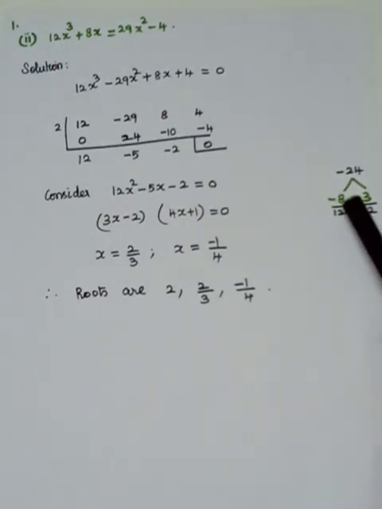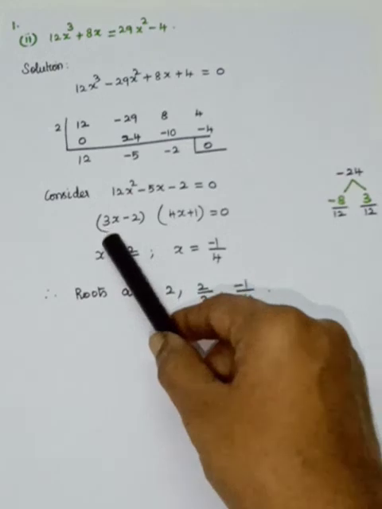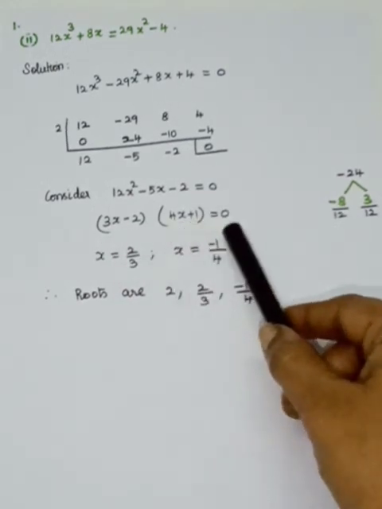So the numerator is minus 2 and the denominator is 3. So how can you write here? 3x minus 2. And here 3 and 12 also can be cancelled. So 1 by 4. So the numerator is 1 and the denominator is 4. So how will it be written? 4x plus 1. So 3x minus 2 into 4x plus 1 is equal to 0.